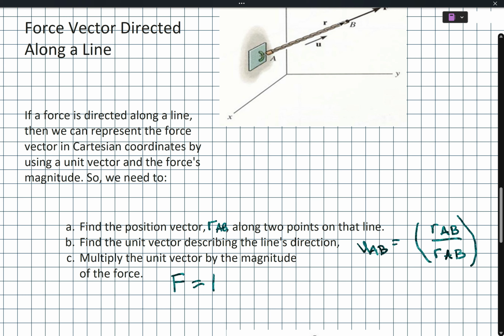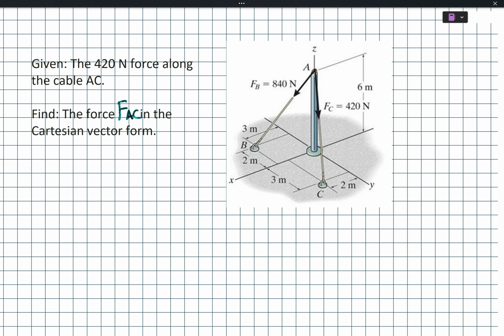We're given that the 420 Newton force is along the cable AC. So what we're told to do is find the force F sub AC in Cartesian vector form.